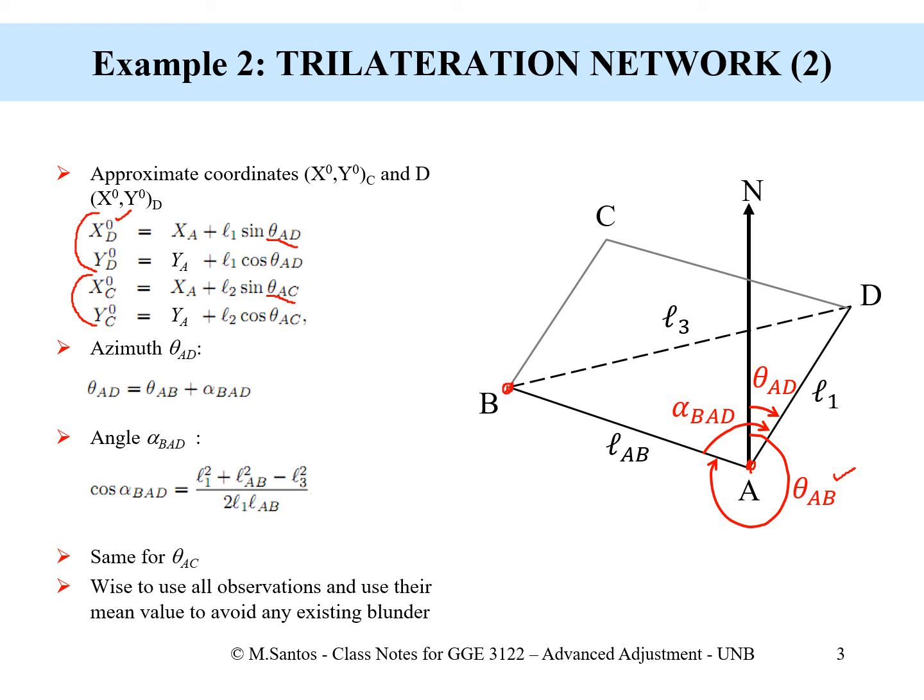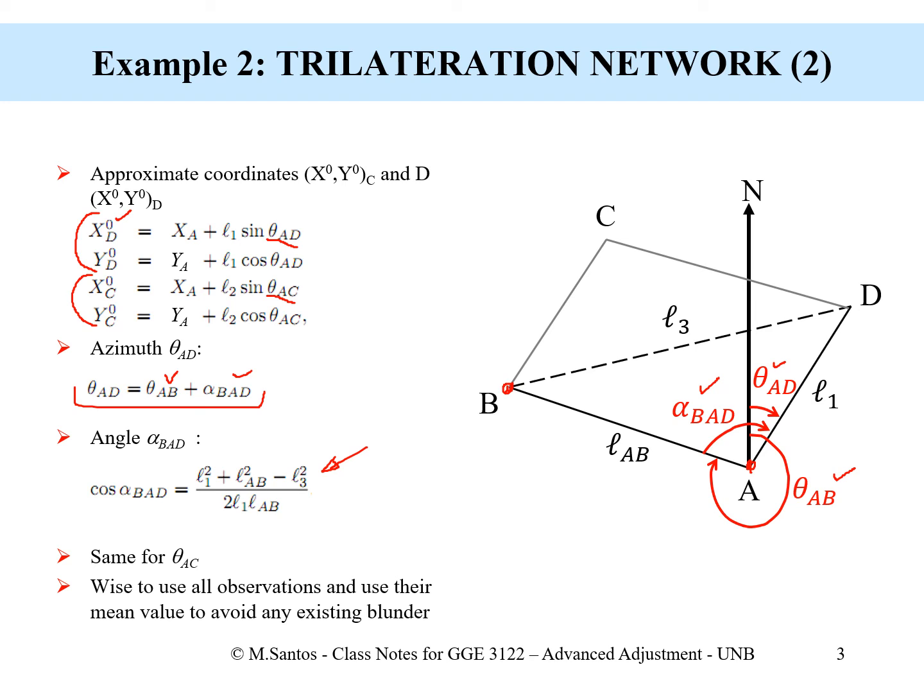And so what we need to obtain the azimuth from A to D is this angle here, the angle from B, centered at A, towards D, alpha BAD. We have the azimuth AB, and this angle we are going to compute based on the law of cosines.